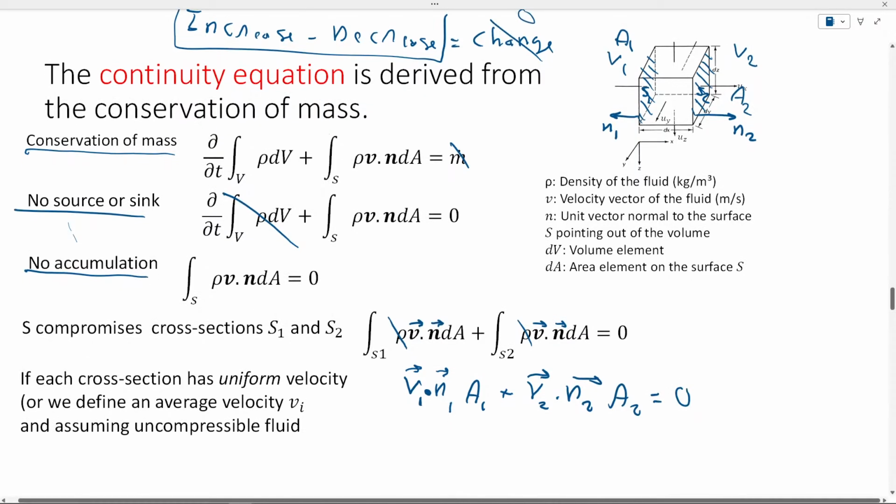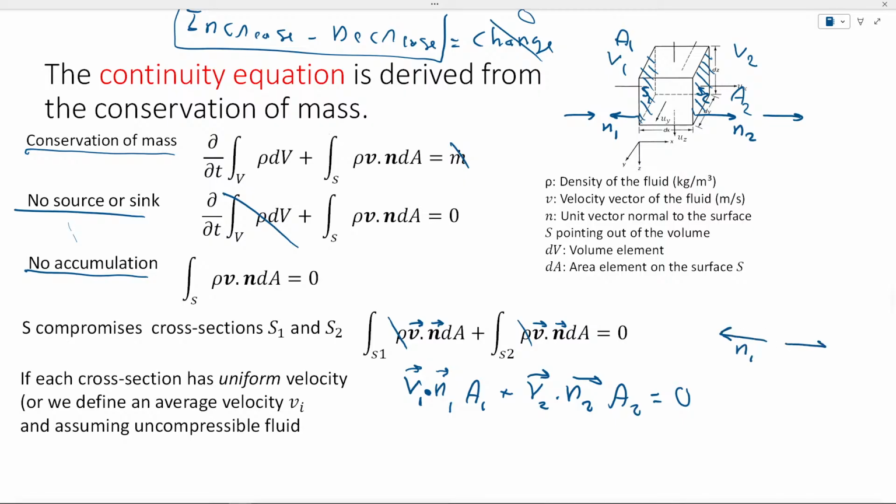So my velocity vector here is in this direction. My velocity vector is in this direction. So let me draw this. So N1 here and V1 is here.